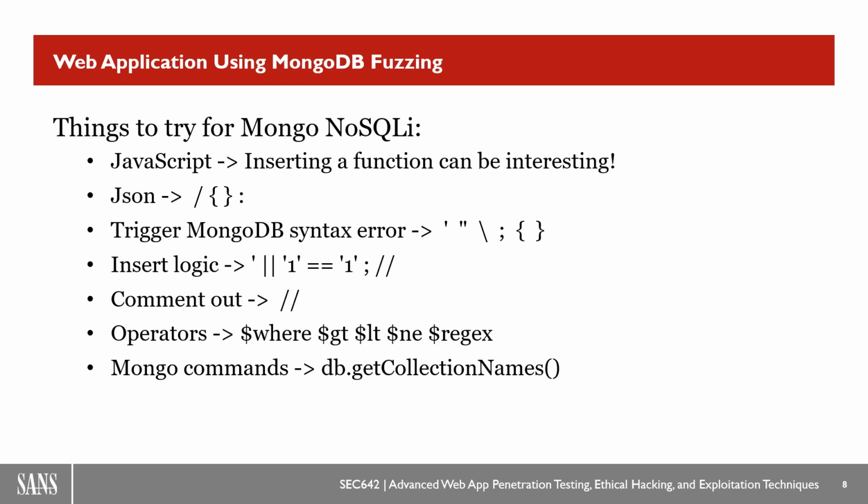So this is a lack of validation. But if they do not strip out JavaScript, the JavaScript may run in the context of the Mongo instance. You can also insert JSON and see what happens there.